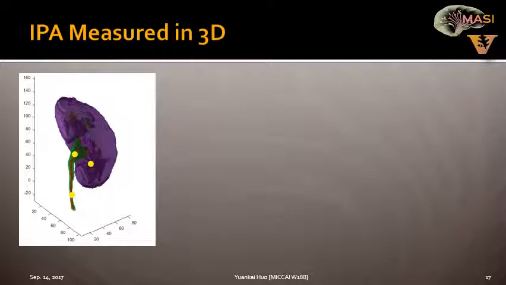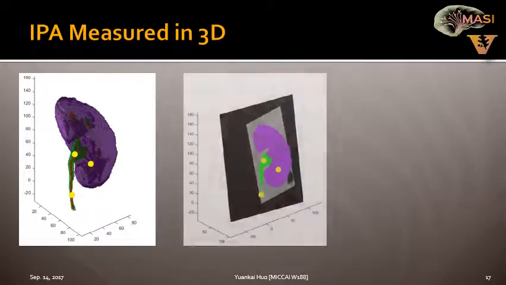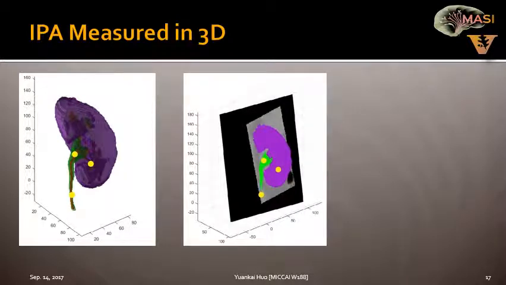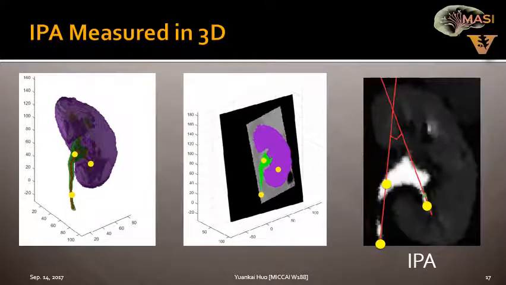One is the center of the entering tube, another is the center of the lowest pole, and the last one is the interface perpendicular to the tube that goes into the kidney. Then we can get an arbitrary plane, not a coronal view, crossing these 3 points, and we can get these slices and measure the IPA in a 3D manner.